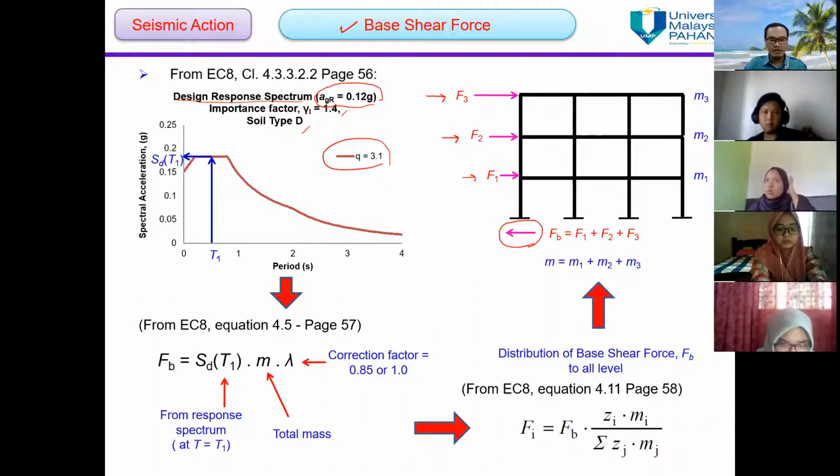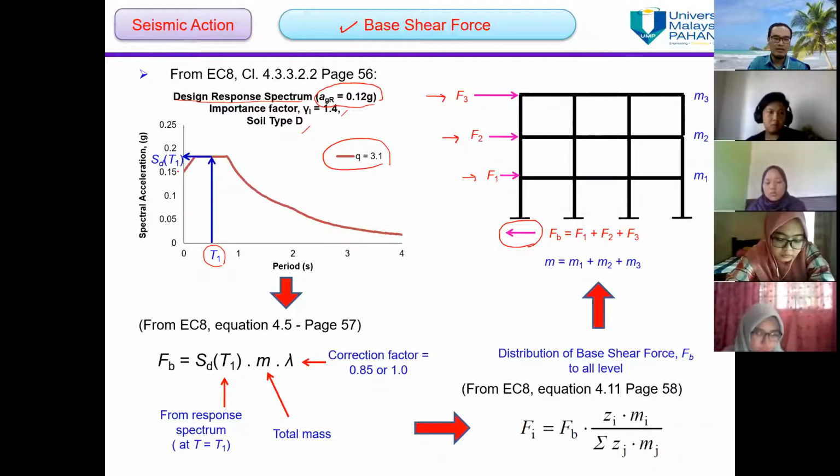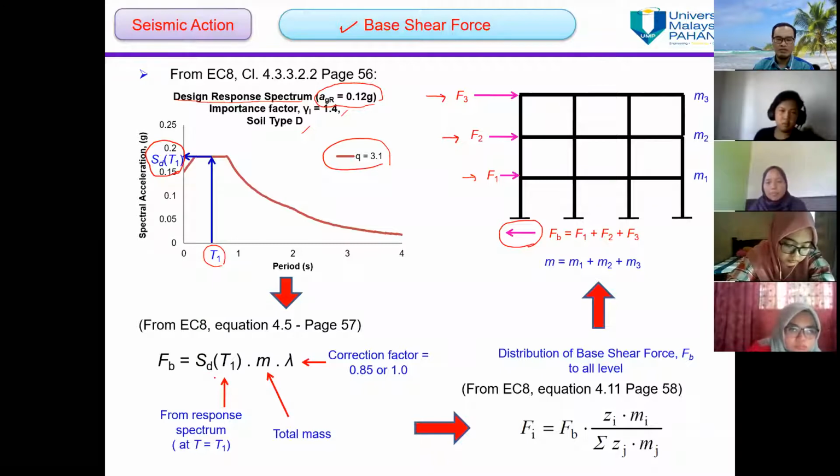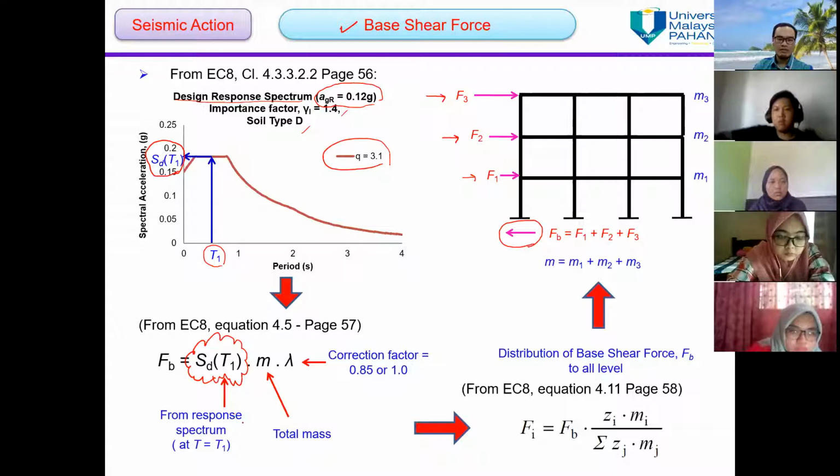So this is the fundamental period of vibrations of the building we learned before. From the design response spectrum, we can obtain the magnitude of spectral accelerations. Why do we need to obtain that value? Because we have to insert that value as input in this equation.